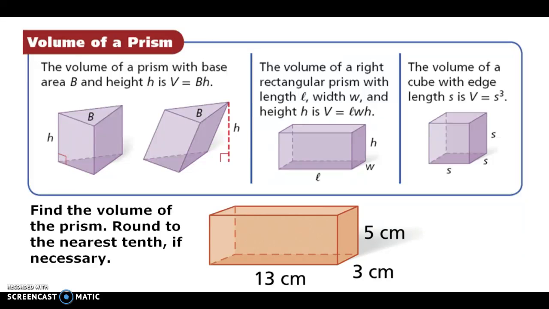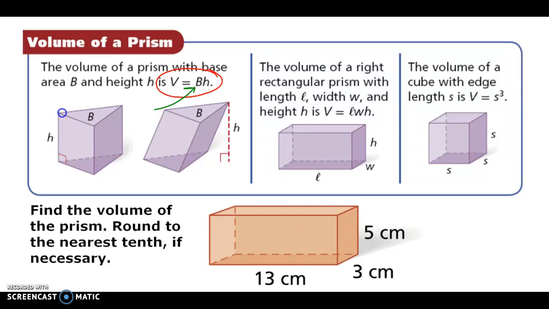So the volume of a prism with base area B and height h is just base times height. It should be in your notes. Just like with surface area, this B changes. That capital B is whatever formula you're going to use for that base area. So that's in 2D land.